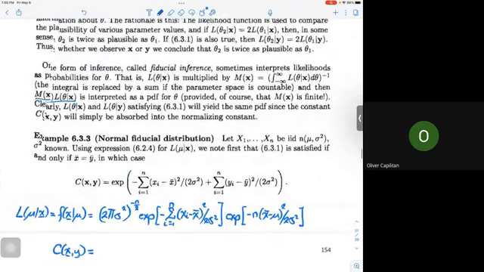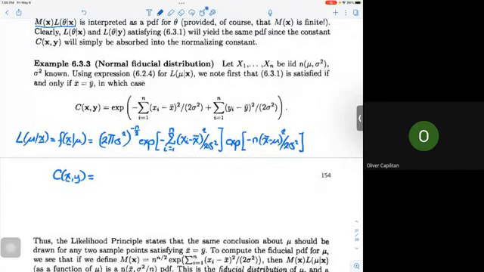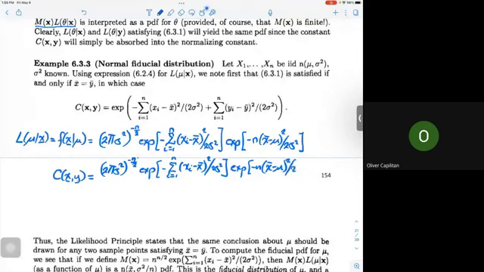Since their likelihoods are proportional, then we can have this ratio for our constant. 2 pi sigma square to the negative n over 2, okay, summation i from 1 up to n, then we have x i minus x bar quantity square over 2 sigma square, exponential negative n times x bar minus mu quantity square over 2 sigma square.